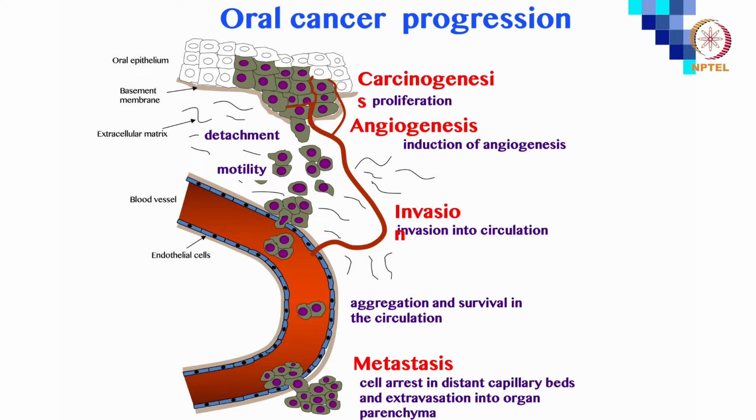Cancer cells invade deeply by degrading extracellular matrix and go into the blood vessels or lymph vessels. Some cancer cells can survive within the circulation and move to distant areas. Then, cancer cells arrest in distant capillary beds and extravasate into organ parenchyma.